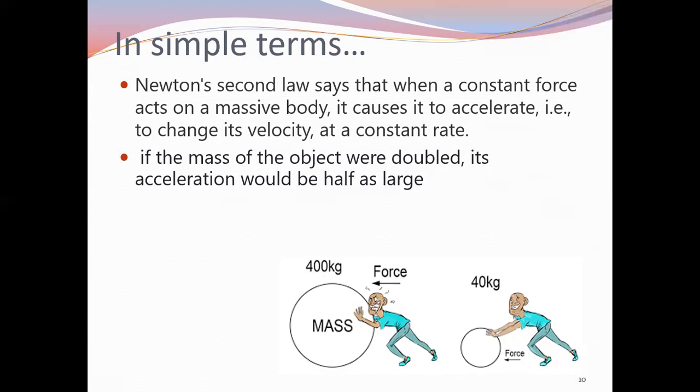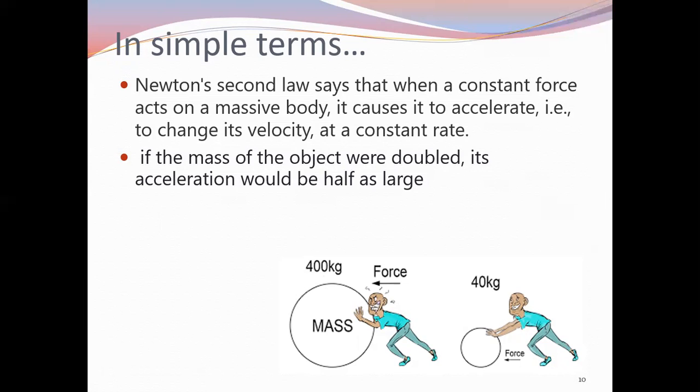If you look at the pictures at the bottom here, we've got mass. He's pushing a ball of 400 kg and he's really struggling to push it. He's putting more force in, but the ball rolls slowly. Similarly, you've got a smaller ball of 40 kg. He's happily rolling it along, because it hasn't got a large mass, so he doesn't need to put in a lot of force.